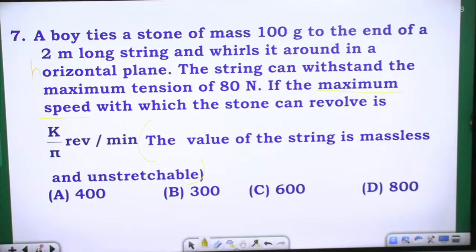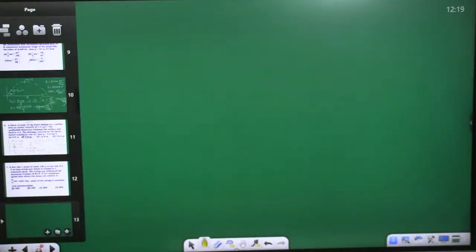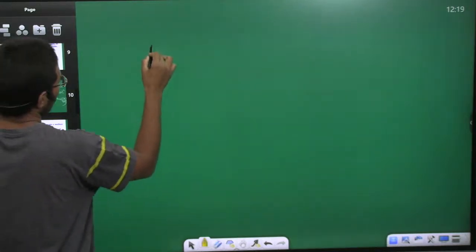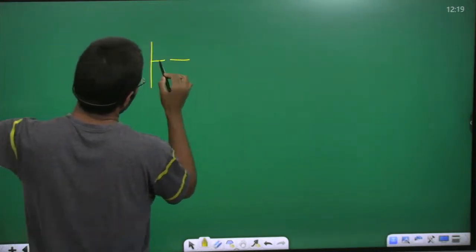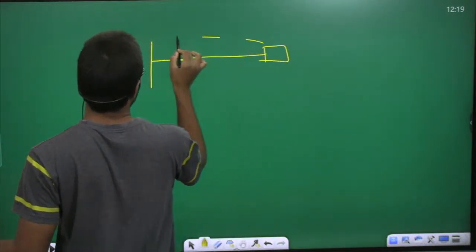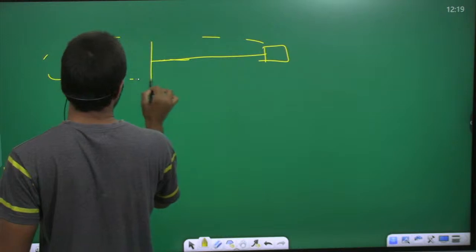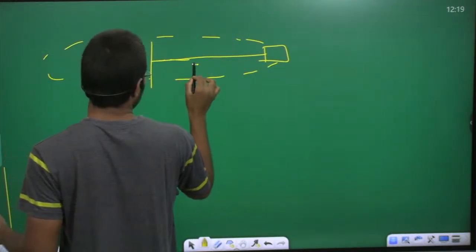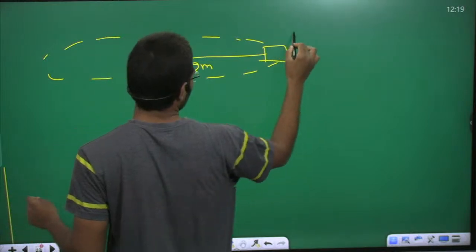So the question: a boy ties 100 grams mass at the end of a 2-meter long string. Two-meter long, 100 grams.